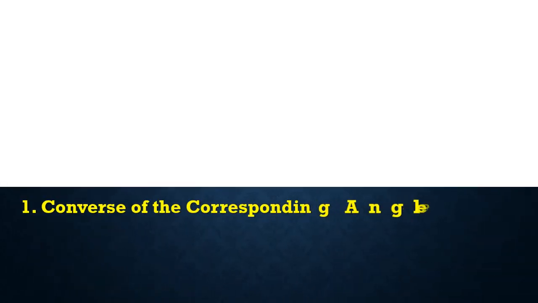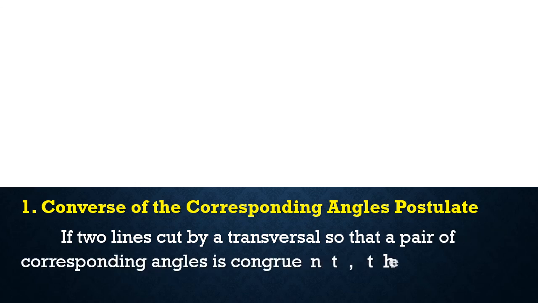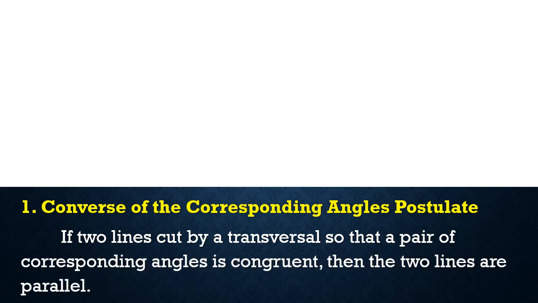Number 1, converse of the corresponding angles postulate. What does it say? If two lines are cut by a transversal so that a pair of corresponding angles is congruent, then the two lines are parallel.